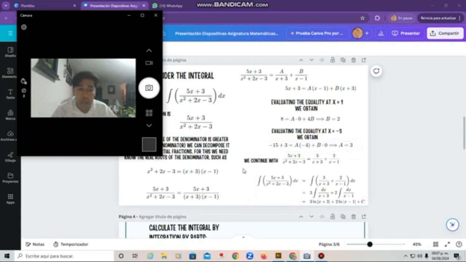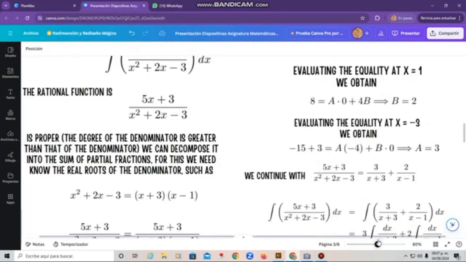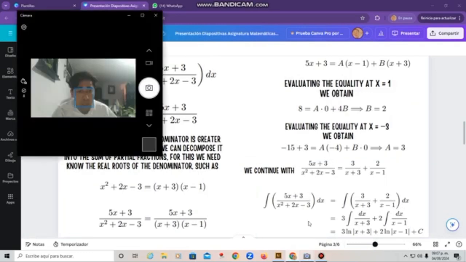Well, we're going to continue: we change the values of A and B. So we have (5x plus 3) divided by (x squared plus 2x minus 3) equal to 3 divided by (x plus 3) plus 2 divided by (x minus 1).